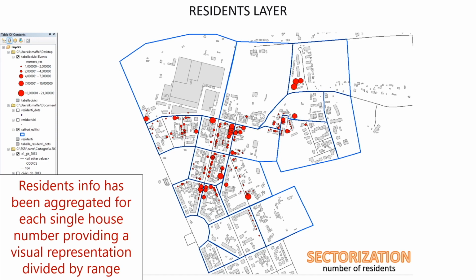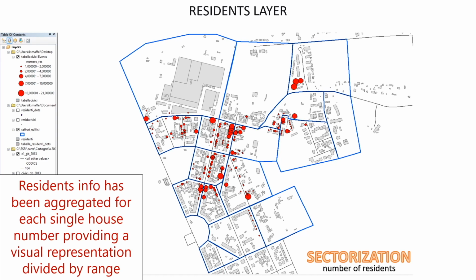So we have reported on each house number a circle with a diameter proportional to the number of residents. In this way, you have an immediate perception of the density of population for each building.